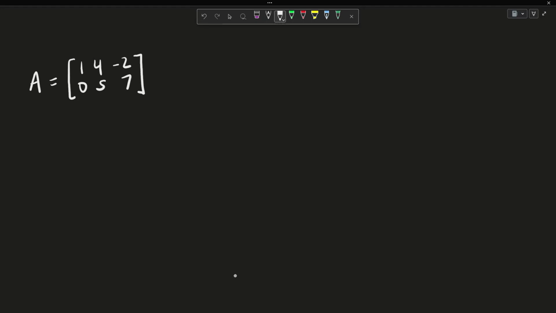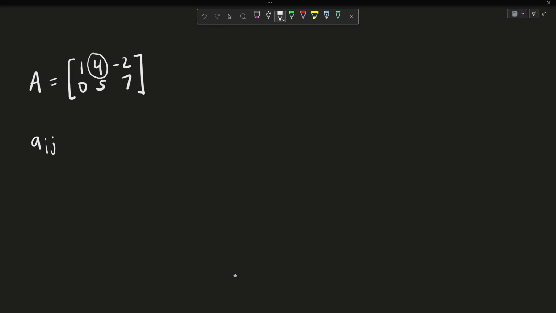Let's say we want to refer to this element right here. Well, the way we do that is we say lowercase a, and we refer to the item in the ith row in the jth column.